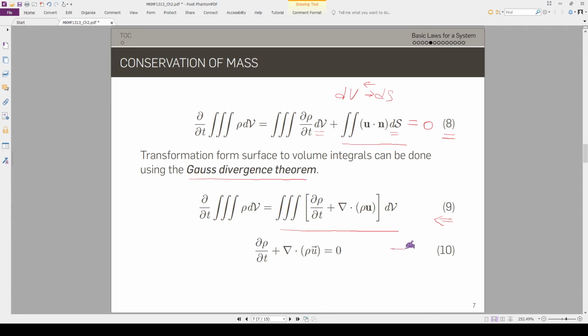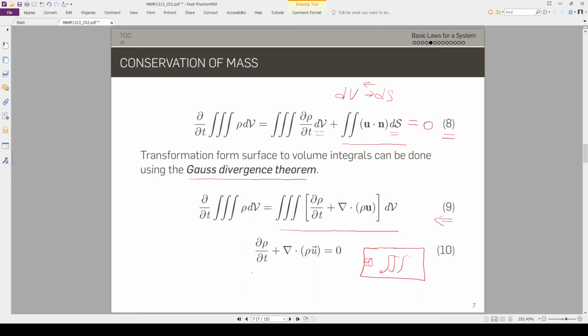If we solve it by considering a small control volume and integrate it over the whole control volume, then this integral term can be diminished.